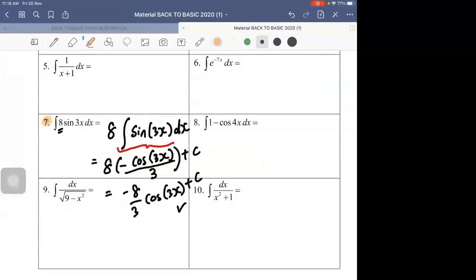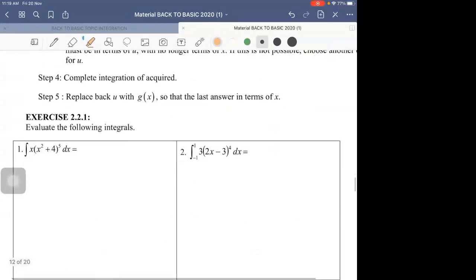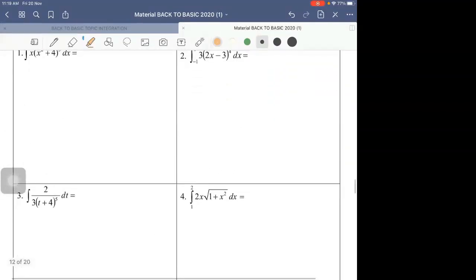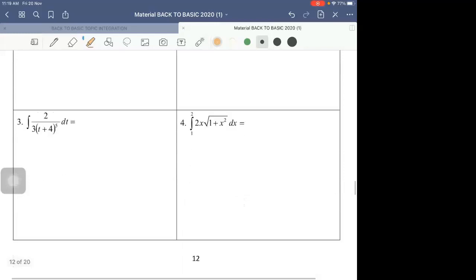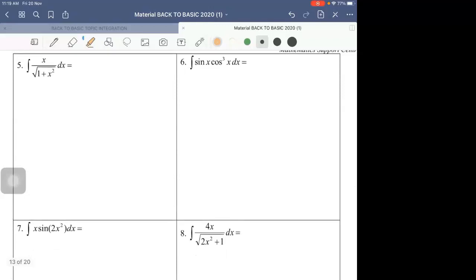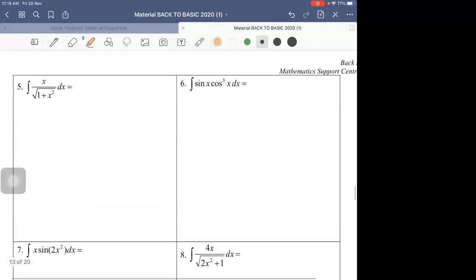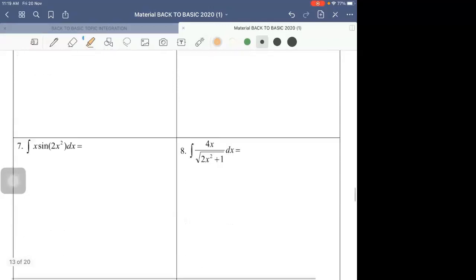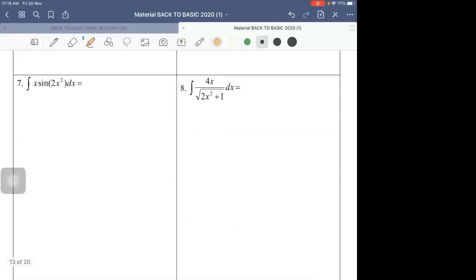If I go to this material, let me choose another example. Let's look at trigo, for example this trigo.